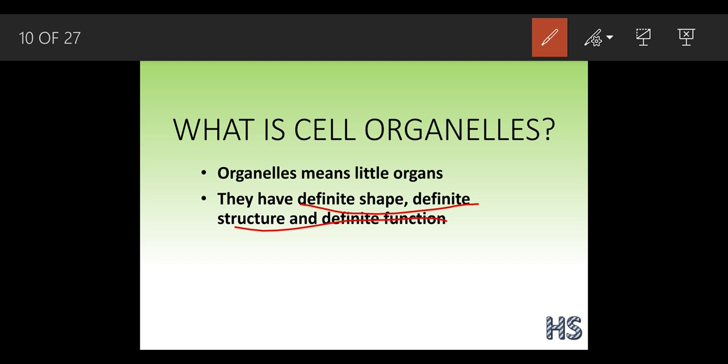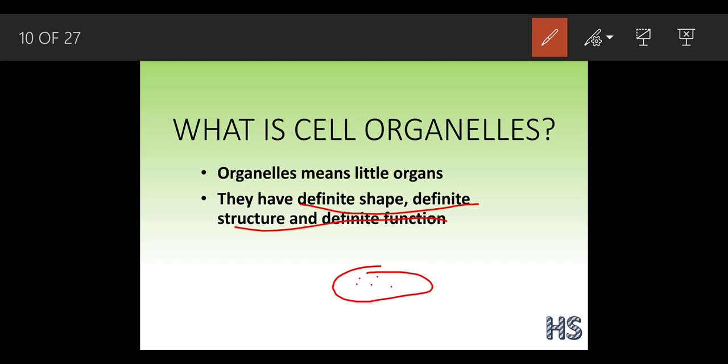See, organs are those which are inside the human body, but organelles are inside the cell and are very small. Inside these cells there are different organelles.